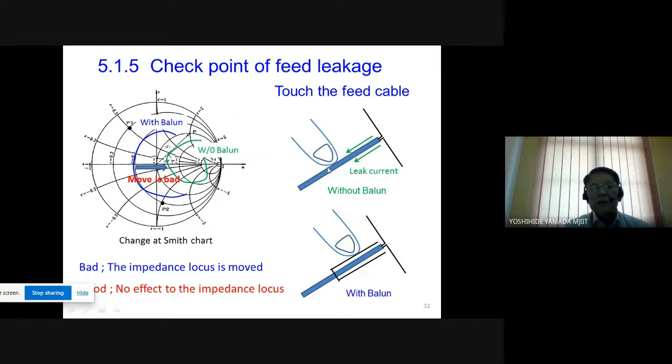So we can check the effect of the leakage by watching the impedance and touching our finger to the leakage part. So this is a very easy checking point, and we can use our body to check the performance of the antenna.